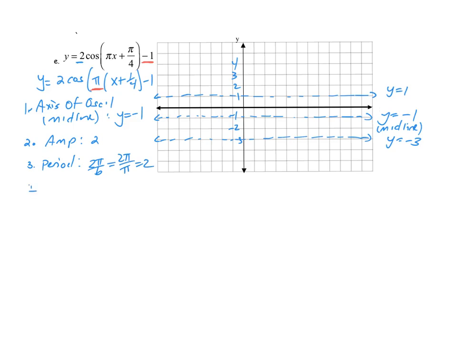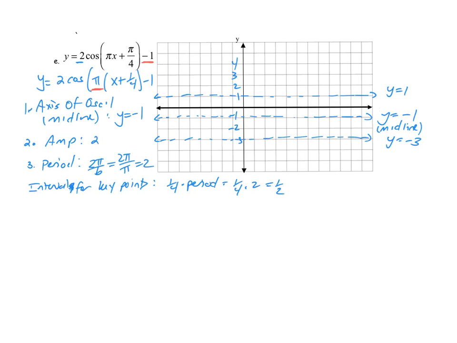And we want to know the interval for key points. The interval for key points is going to be every quarter period. So 1/4 times the period. So that'll be 1/4 times 2, which is 1/2. So key points will be every 1/2 unit.